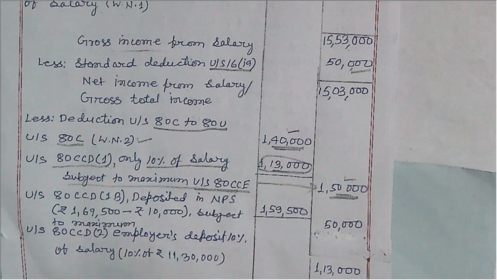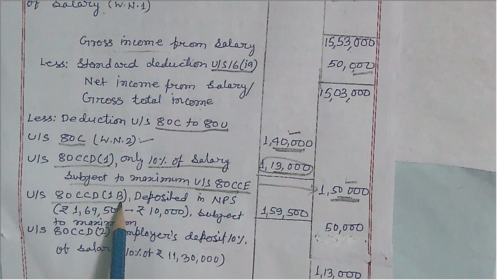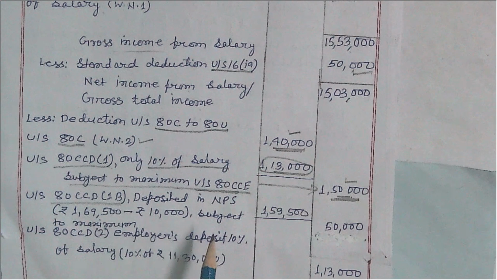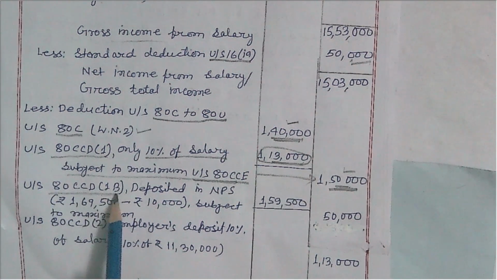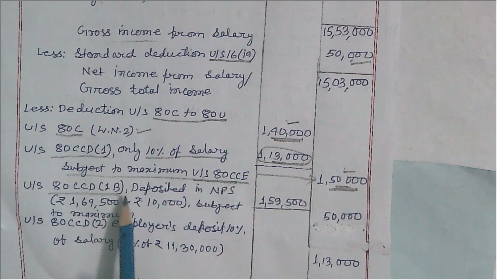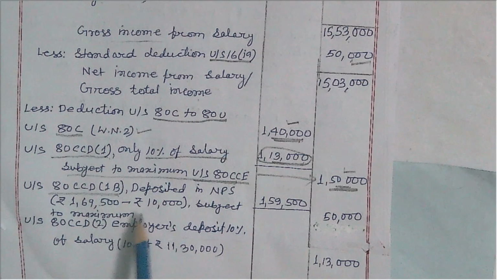And now here under section 80CCD 1B is an additional deduction, that is maximum rupees 50,000. So Mr. Sharma's total deposit under section 80CCD subsection 1B, amount deposited in NPS, is 15% of his salary.